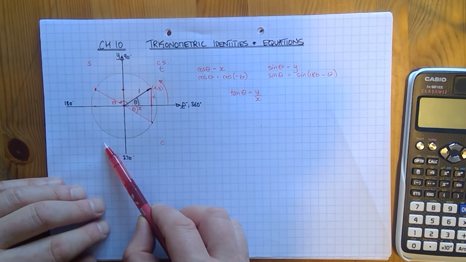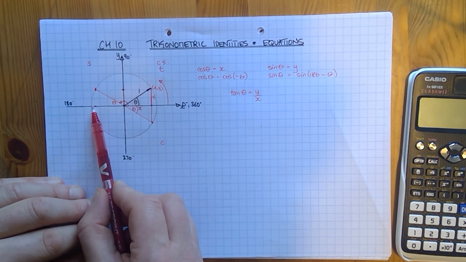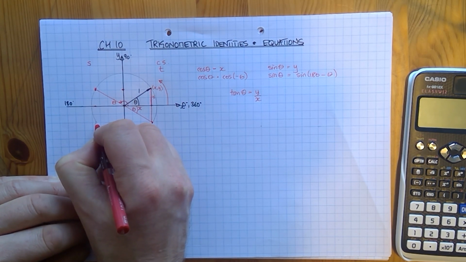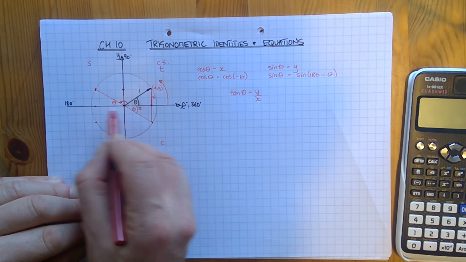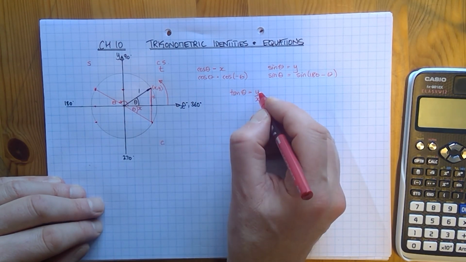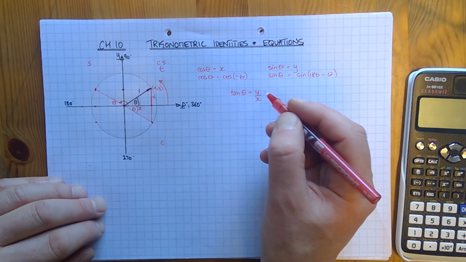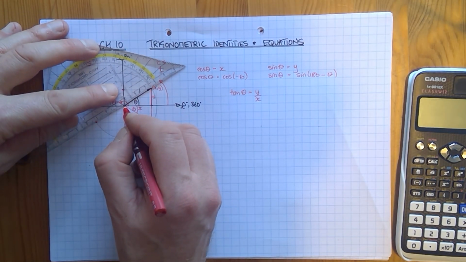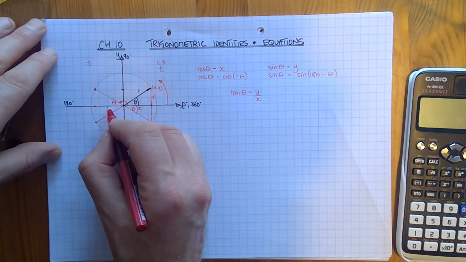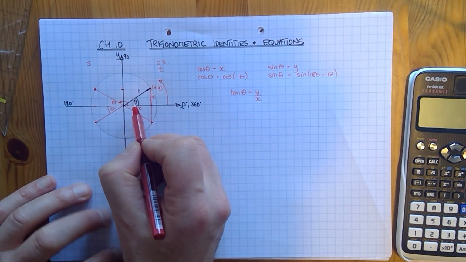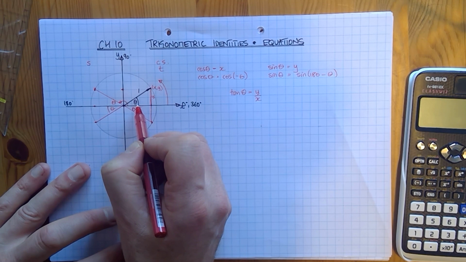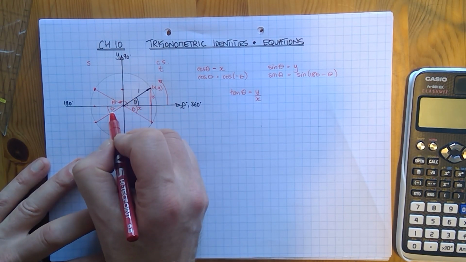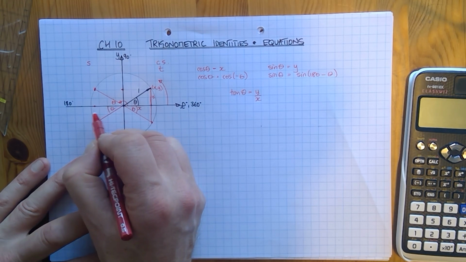What about this quadrant? In this quadrant, both the x coordinate and the y coordinate, let's take a random point here, the x coordinate is negative, the y coordinate is negative, and as they're both negative, then tan will be positive. And in fact, tan of this angle here will be the same as tan of this angle here, because the tan of this angle is y over x, the tan of this angle is minus y over minus x.